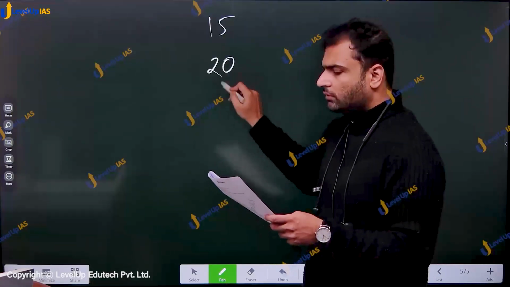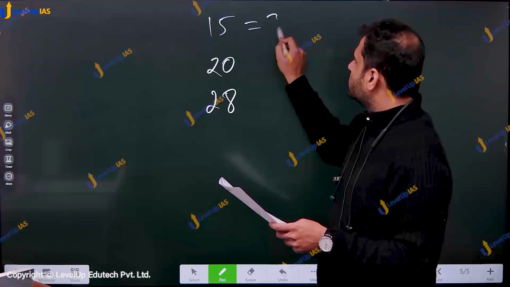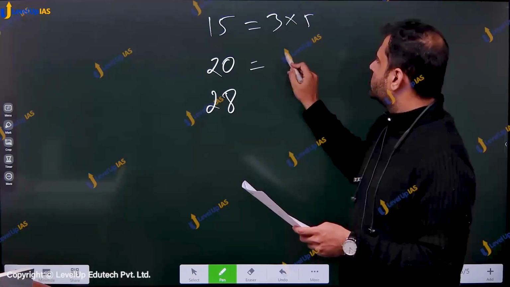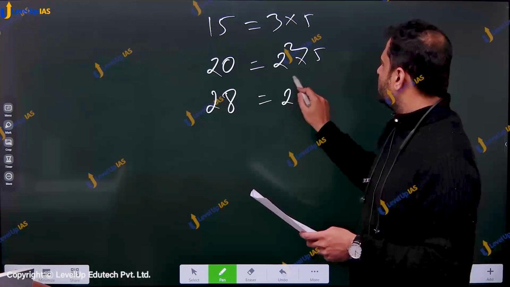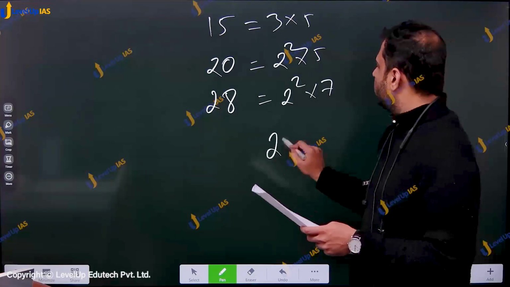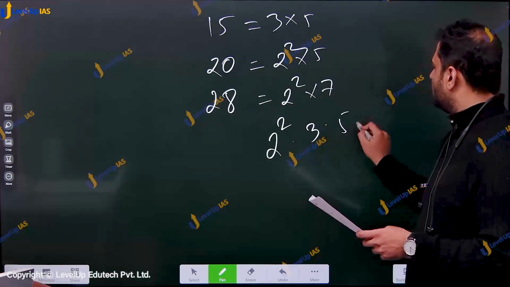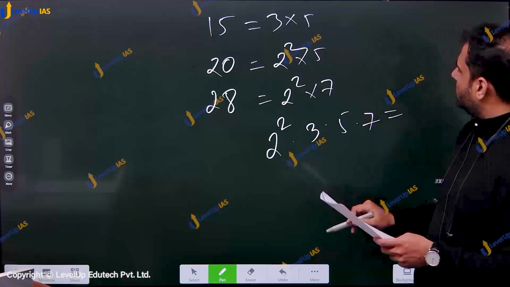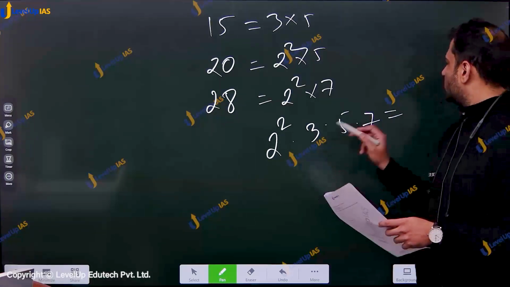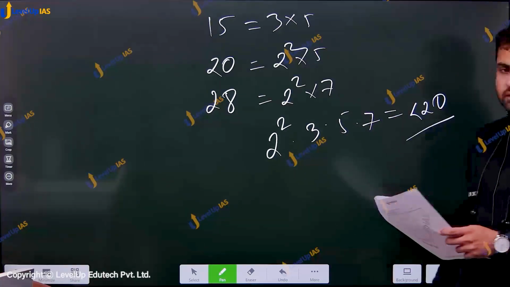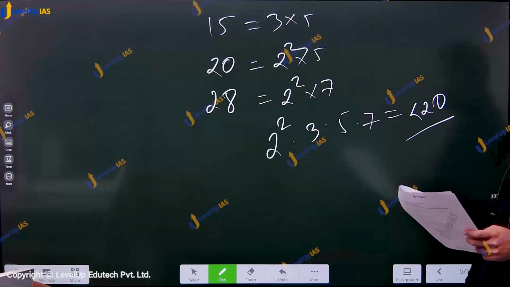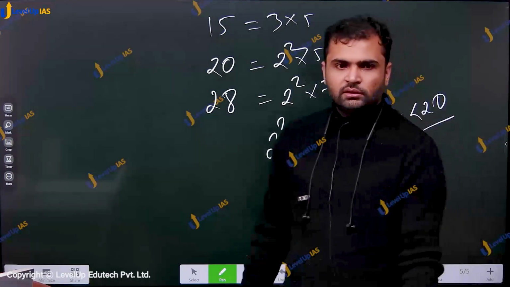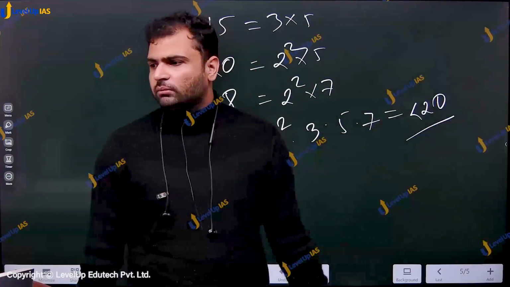You want LCM of this: this is 3 into 5, this is 2 square into 5, this is 2 square into 7. So LCM would be 2 square 3 5 7. क्या आता है? 420, right? So the question is we want a greatest 4-digit number. Smallest नहीं पूछा, greatest 4-digit number.